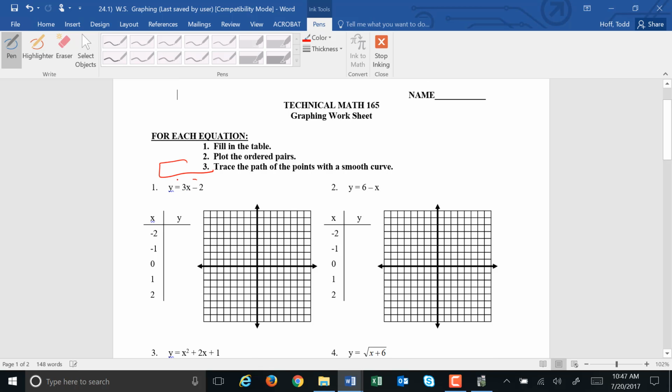If the equation is y equals 3x minus 2. Yeah, 3 times negative 2 is negative 6 minus 2, negative 8. So we've got negative 2, negative 8. That's a point.